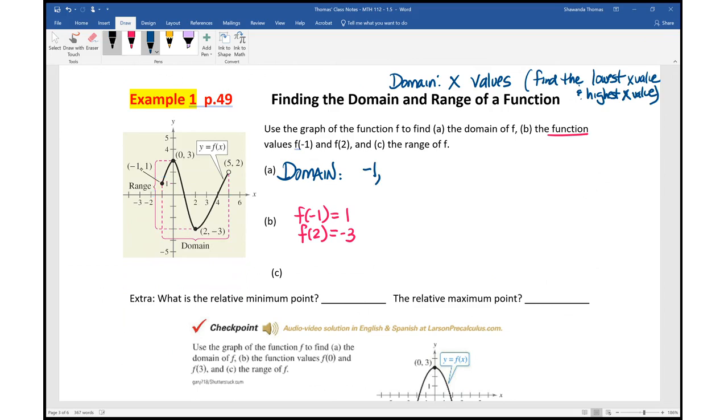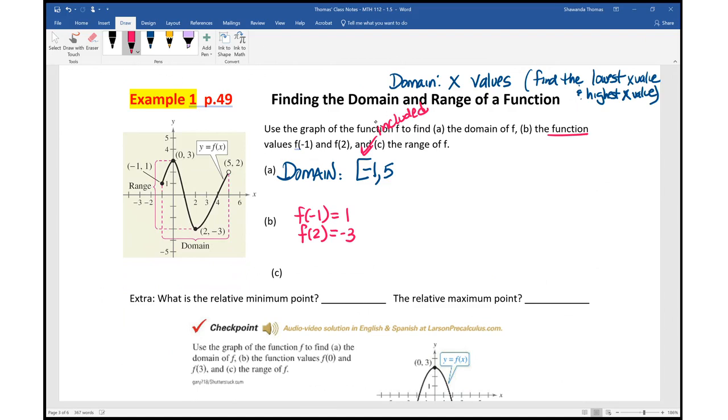We're writing in interval notation because interval notation says we're going to write these two numbers and everything in between also applies. -1, that is a point on the graph. It is shaded in, therefore that point actually exists on the graph. So from -1 all the way to what? 5. So -1 will have a bracket because the bracket indicates included.